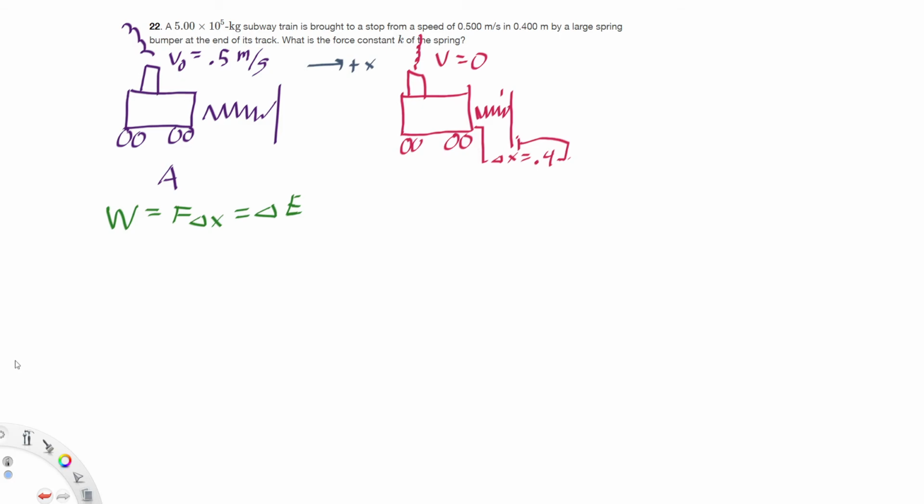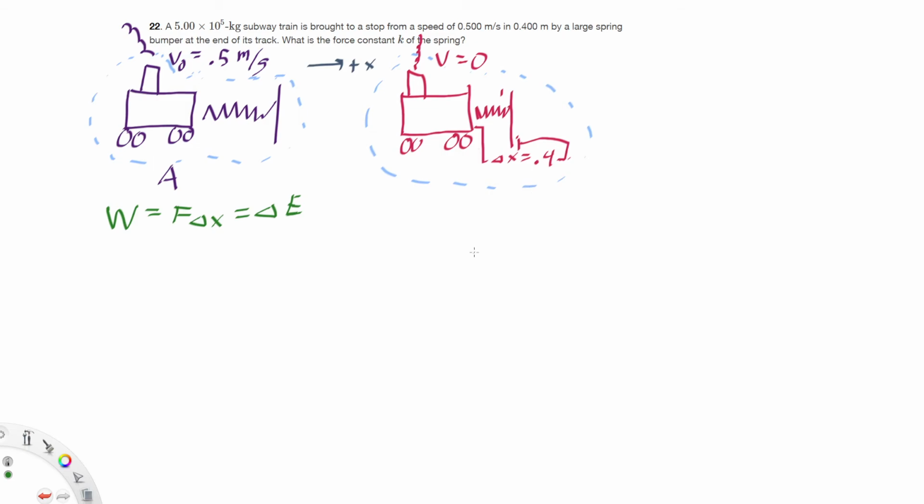What we want to do instead is say, actually, our system is this train and the spring put together. And if we do that, then there are no external forces, right? The force of the spring on the train is an internal force.